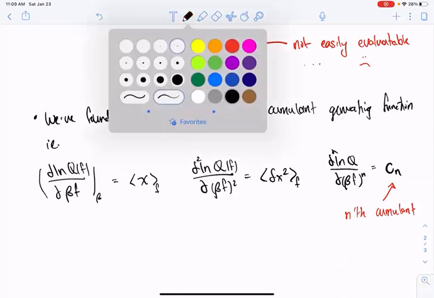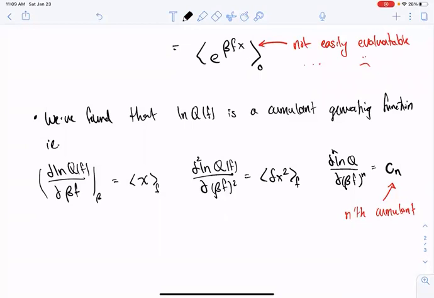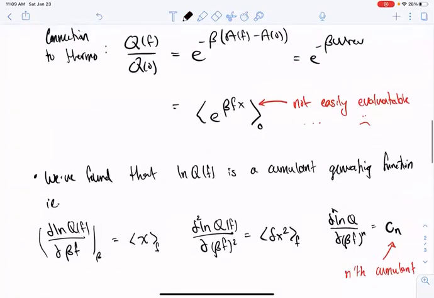Now, while we can't evaluate these cumulants directly, because to do so would be to evaluate this expectation value exactly, we can nevertheless ask for its behavior provided F is small.